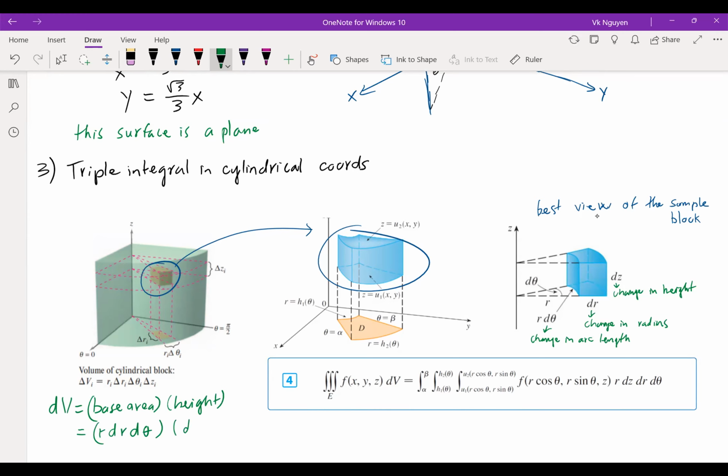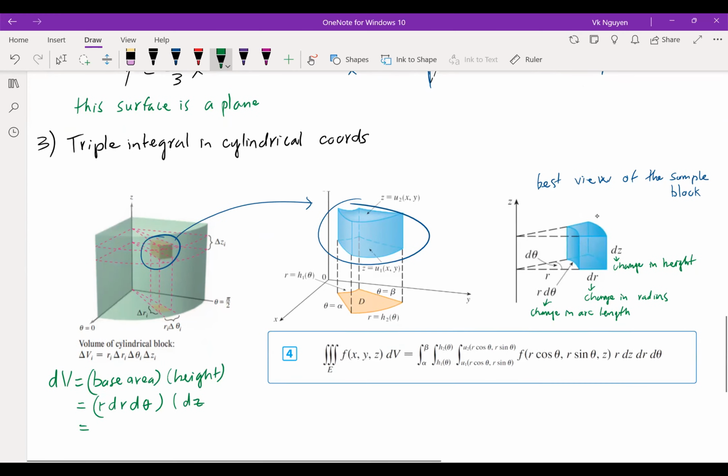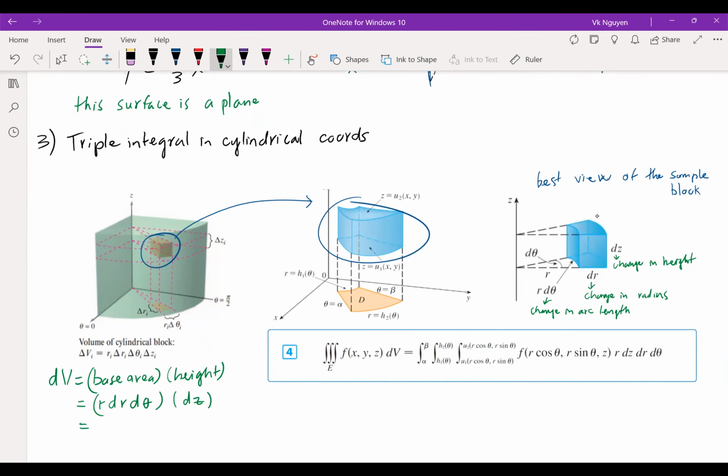Height is just dz. Because z varies, we want to put z on the inside and then the angle theta all the way outside. So dz dr d theta.